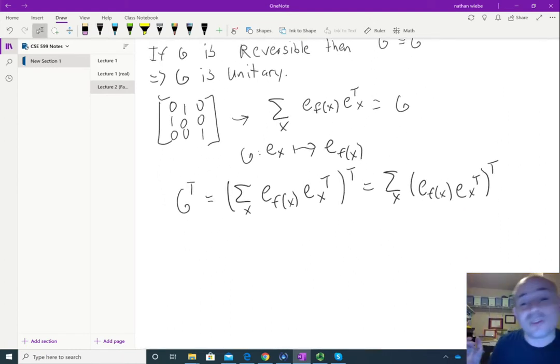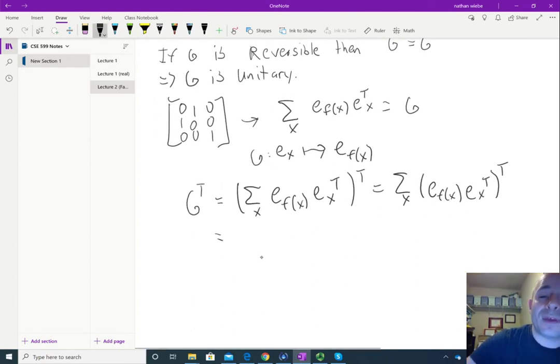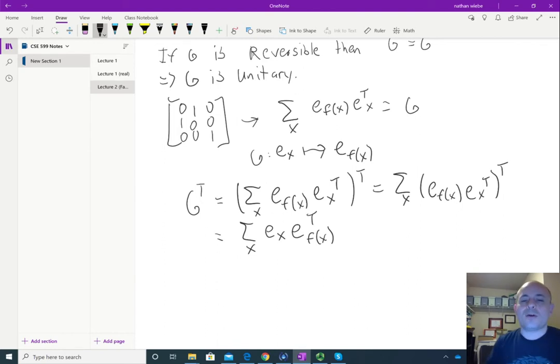All right, great. Now we just have to use our final property of transpose, which is that this is equal to the sum over x of E x, E f of x transpose, so the transpose goes away on the one factor. Okay, fantastic.